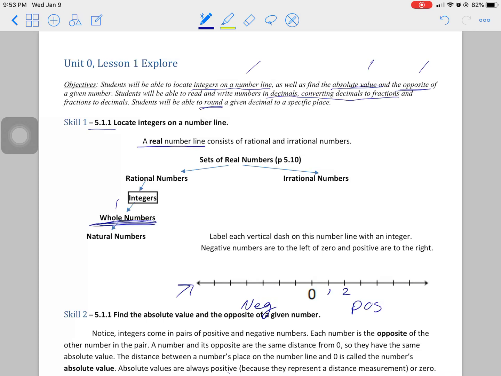When I put these numbers in here, like I did before, these are whole numbers. And then you kind of go this way. When you go into the negative numbers, some people call them negative whole numbers, not quite the right definition, but you get what I mean. When you number a number line, these are called integers, okay?